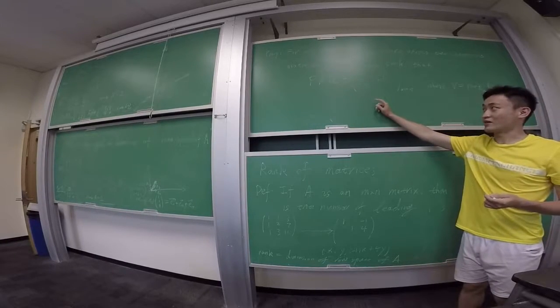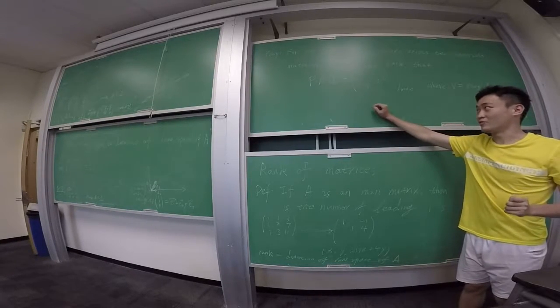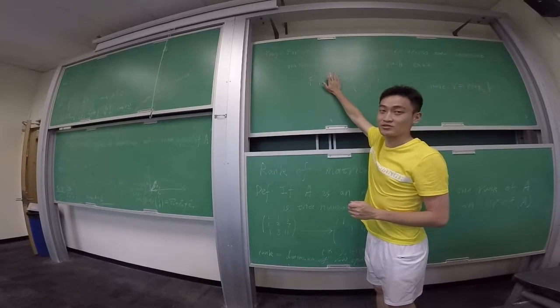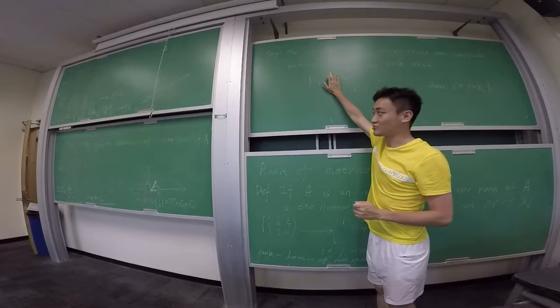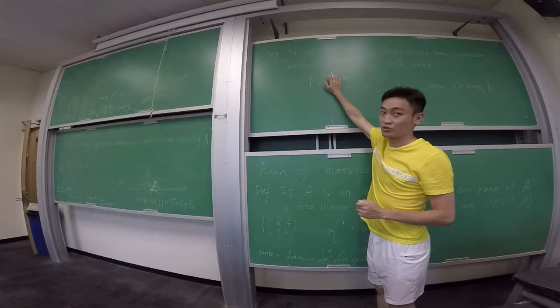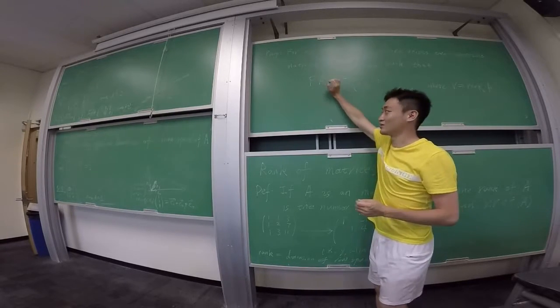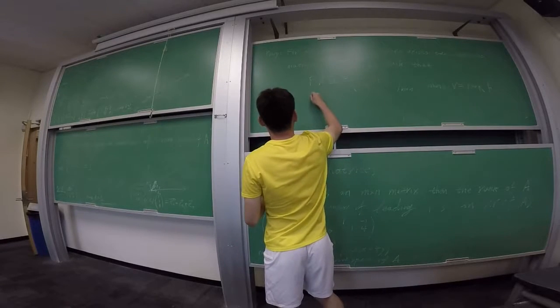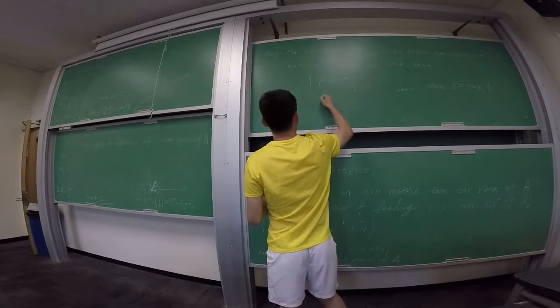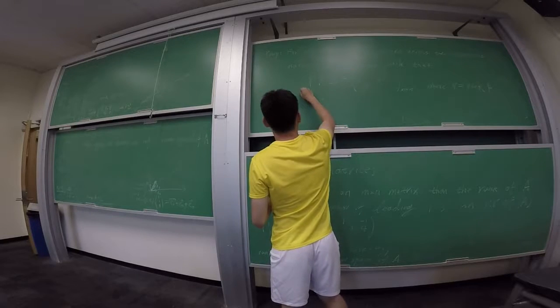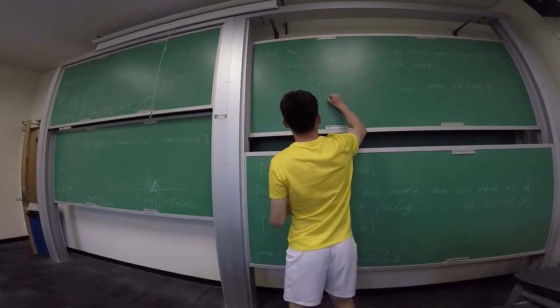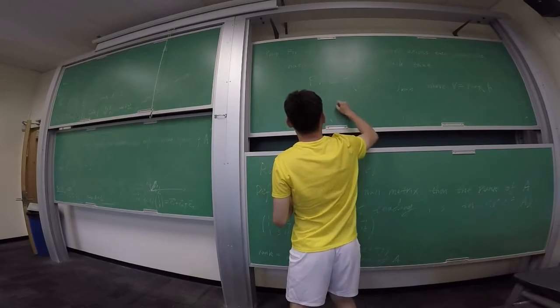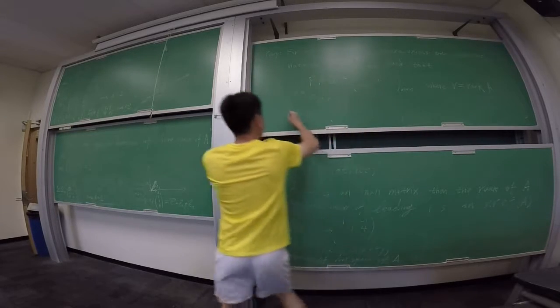Why is that? Firstly, if you are only allowed to do row transformations, the easiest matrix you can get is the reduced row echelon form, and the rank is simply the number of leading ones in it. And there's still something over here, and things over here, right?